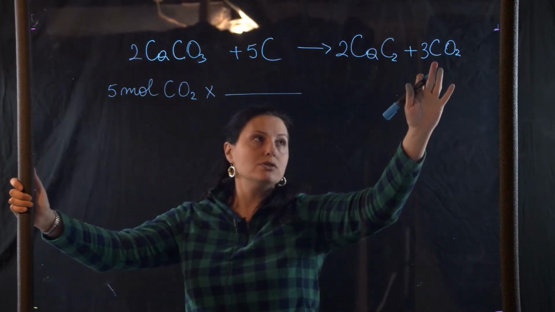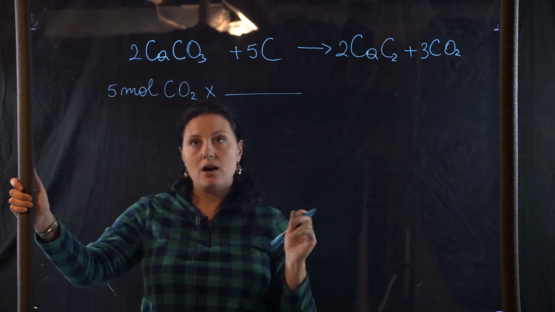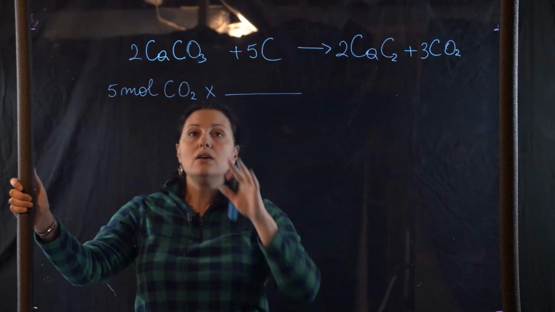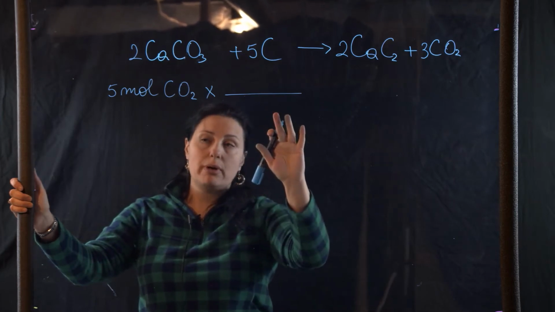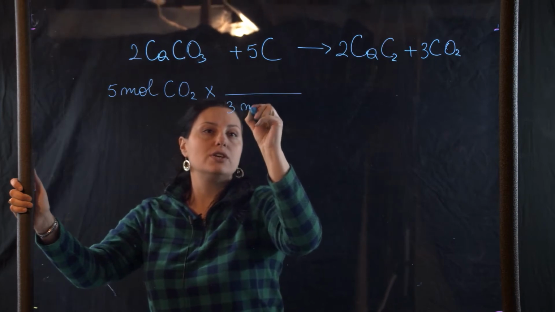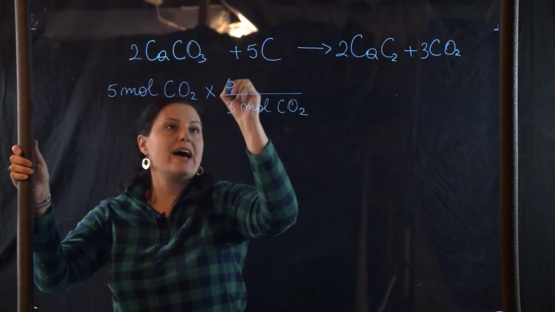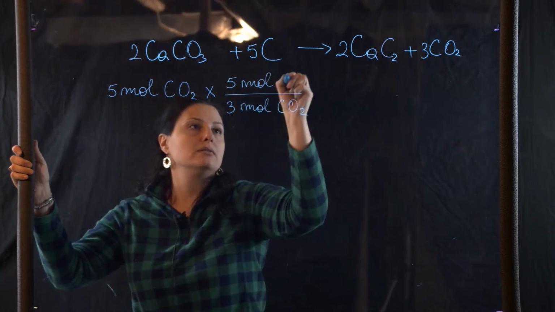I know 3 moles of CO2 are made for every 5 moles of carbon that are reacted. I want the moles of CO2 at the bottom, so they cancel out. So 3 moles of CO2 are formed for every 5 moles of carbon.